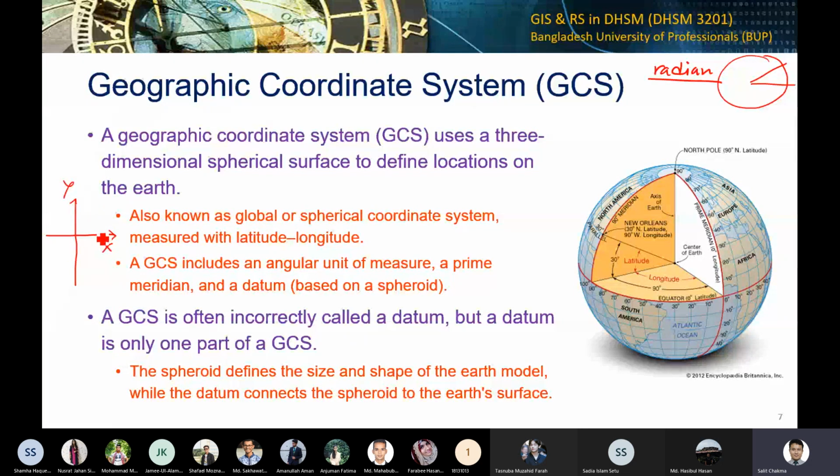So if something is 1 on the X axis and 2 on the Y axis, we can easily find out the location of A, and thus we can always find out the distance from the origin O to A. So why not have this idea in terms of this three-dimensional plane? And how can we have that? Because it's three-dimensional, so measuring the distance in feet or meters does not make sense if we would like to represent it.